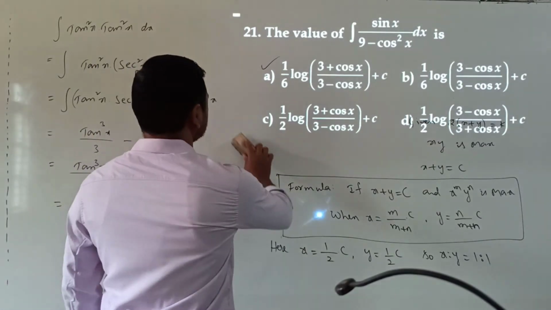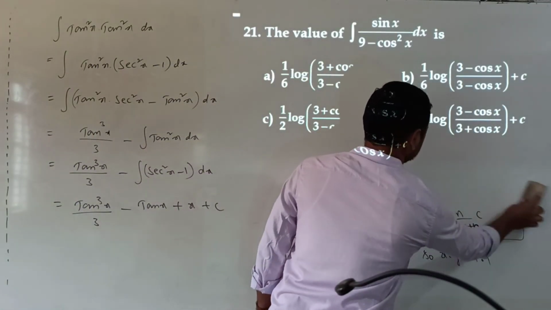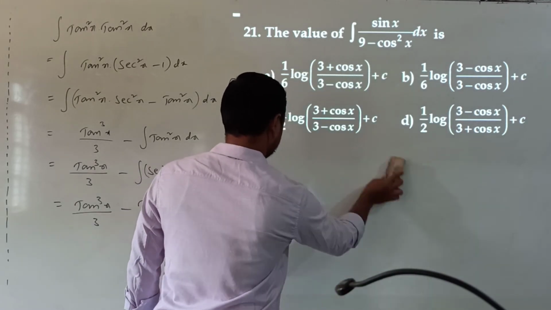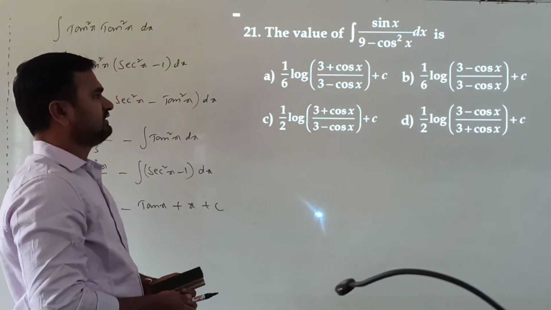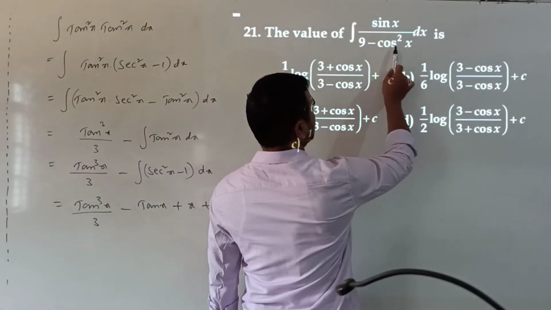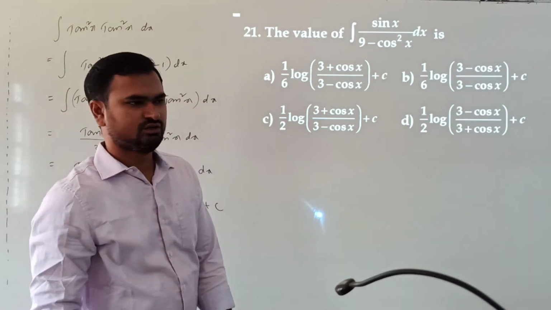So the next question. The value of integral sin x by 9 minus cos square x dx is. Now clearly we can see that the derivative of cos is minus sin, which is present in the numerator.